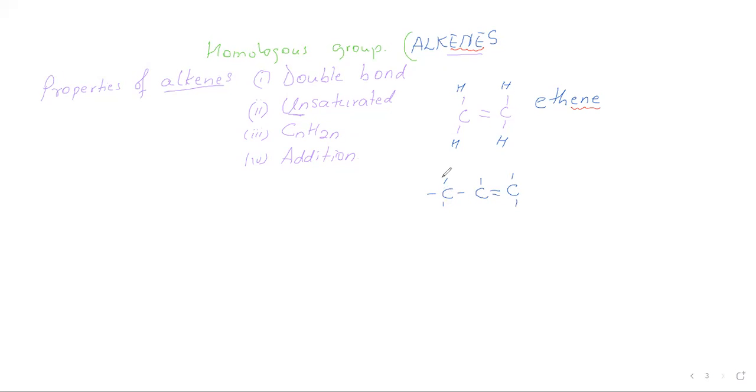So put the hydrogen there, hydrogen here, hydrogen there, hydrogen there, hydrogen there, hydrogen there. This alkene with 3 carbons is called propene.